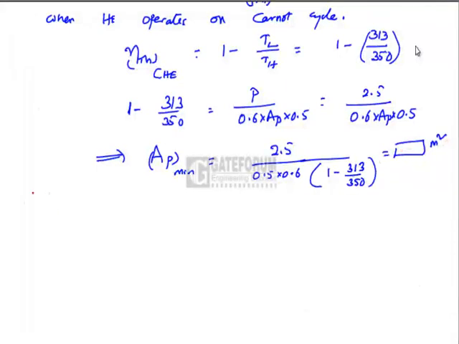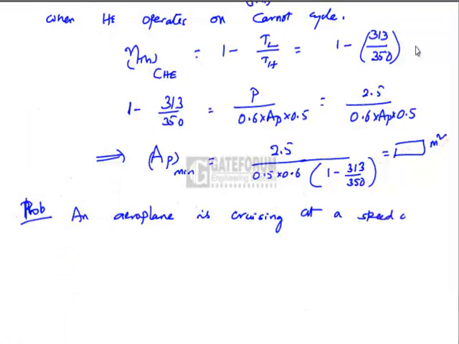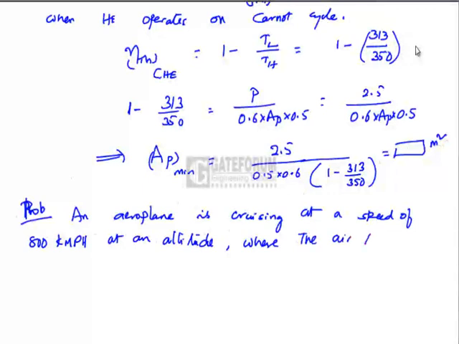Considering another problem regarding the Mach number. An aeroplane is cruising at a speed of 800 kmph at an altitude where the air temperature is 0 degrees centigrade.